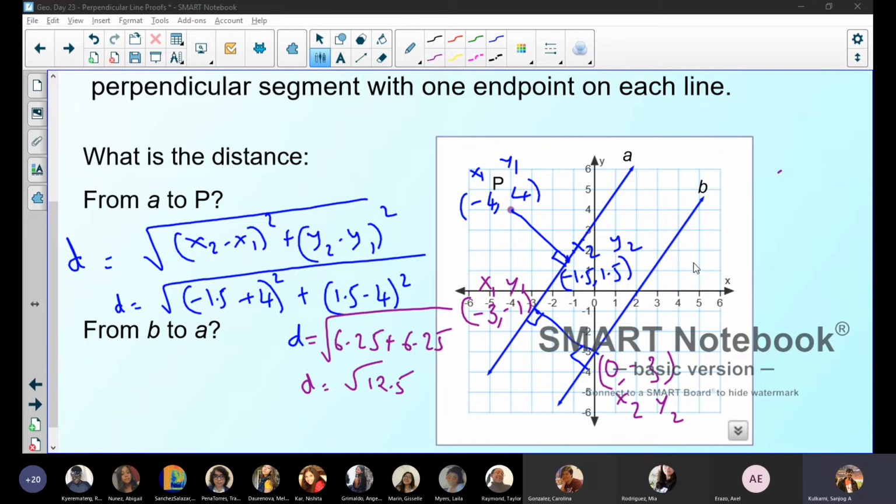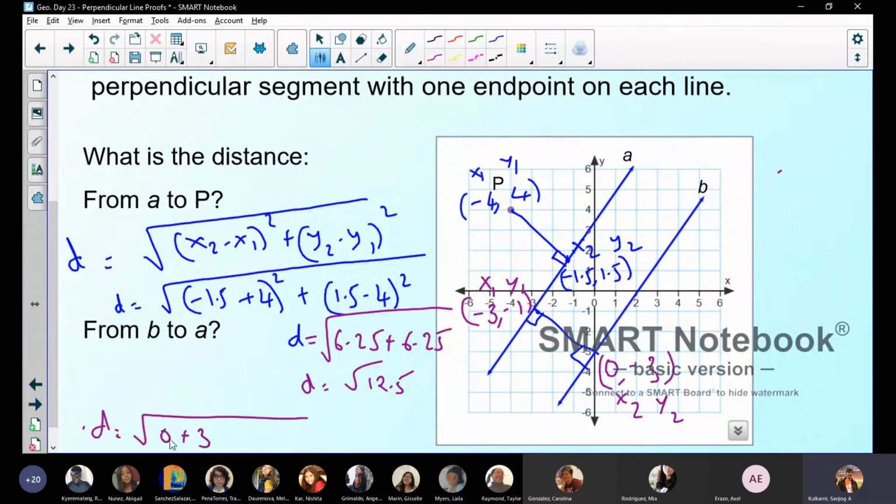Mia and Kira were right. So let's check this one. I see root 13 from Kira, from B to A. So here I have distance as square root of 0 plus 3 whole square plus negative 3 plus 1 whole square.